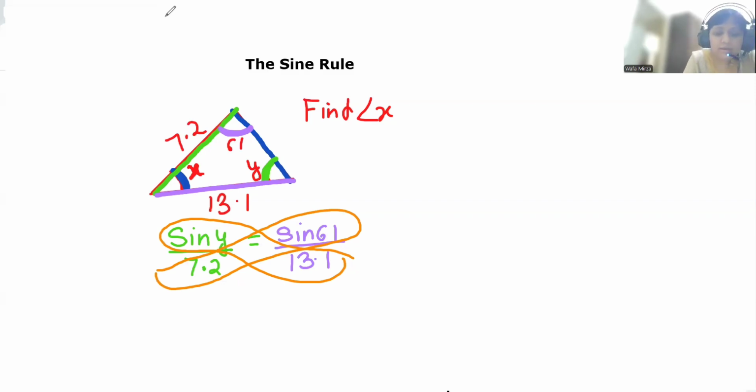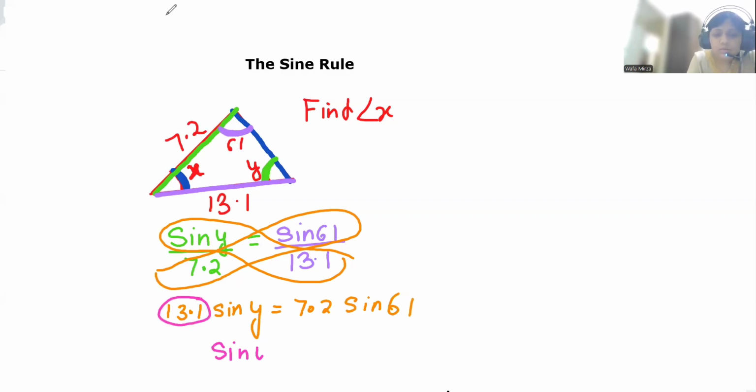So I will write here 13.1 times sine y is equal to 7.2 times sine 61. 13.1 is in the numerator. When it goes to the other side, it will go in the denominator. So sine y will be equal to 7.2 times sine 61 over 13.1.